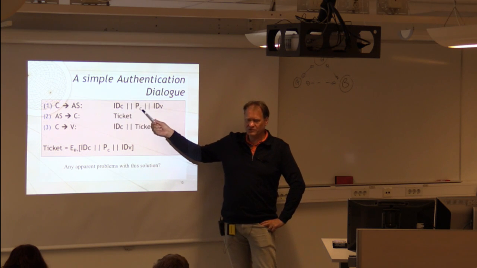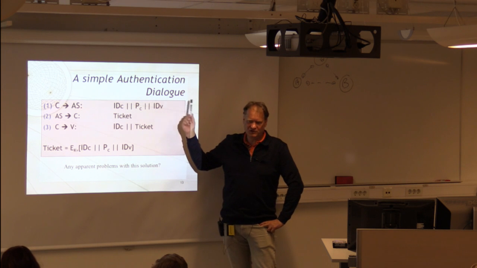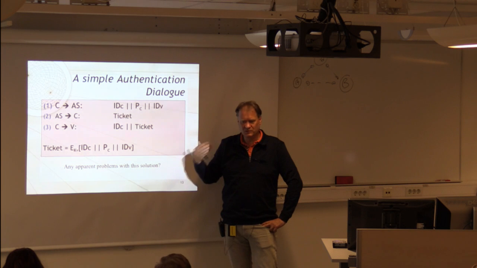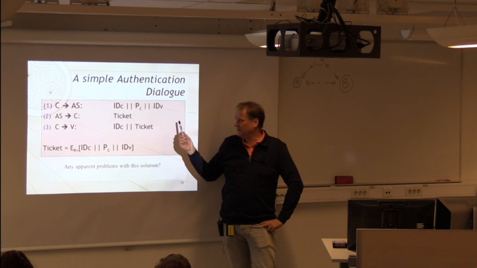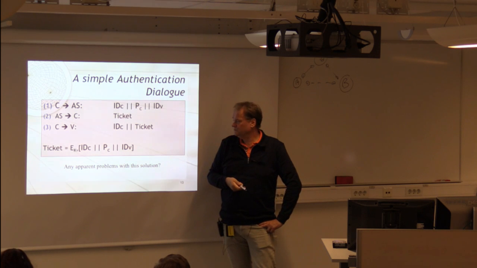This is our password. And this is a server that we would like to access. With this information, the authentication server can now decide first, are we who we claim we are? Because they have our identity and our password. They can check that we have actually access to that server, that we have authorization to access that server.